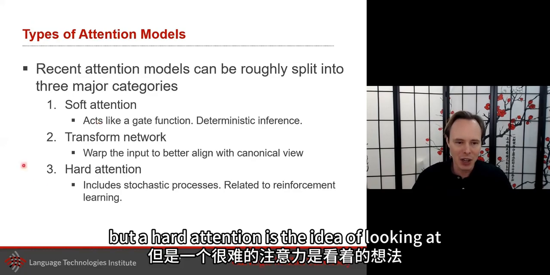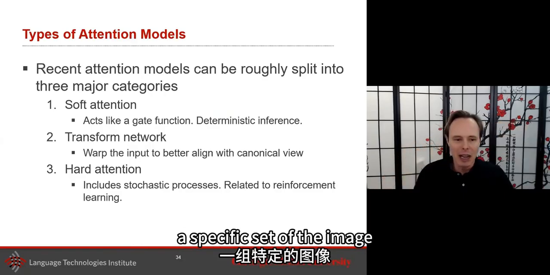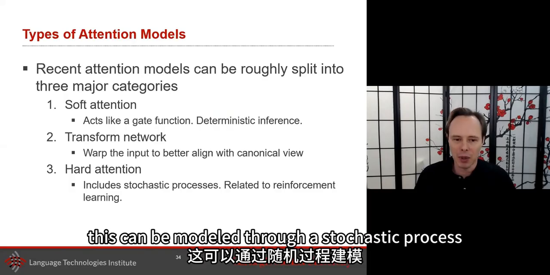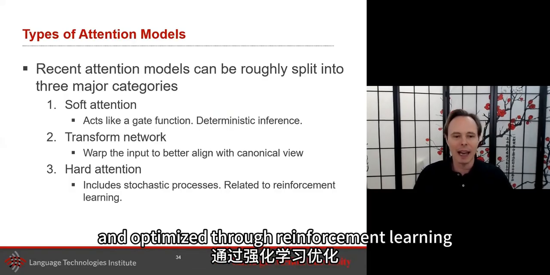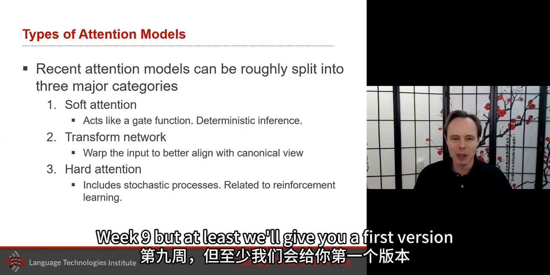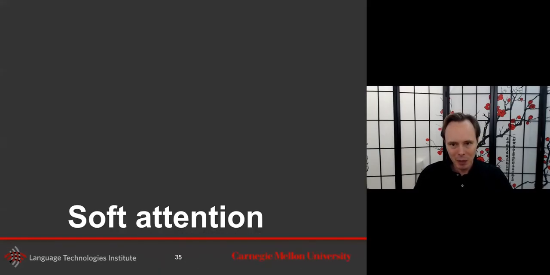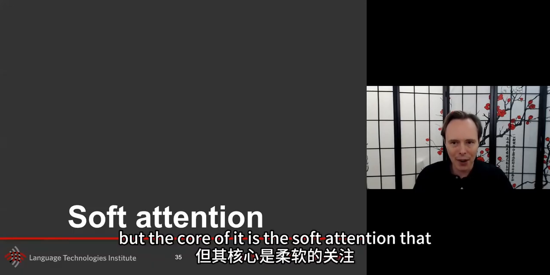Hard attention is the idea of looking at a specific part of the image, and often this can be modeled through a stochastic process and optimized through reinforcement learning. We'll discuss more about reinforcement learning in week 9, but at least we'll give you a first example of hard attention. But the core of it is soft attention.